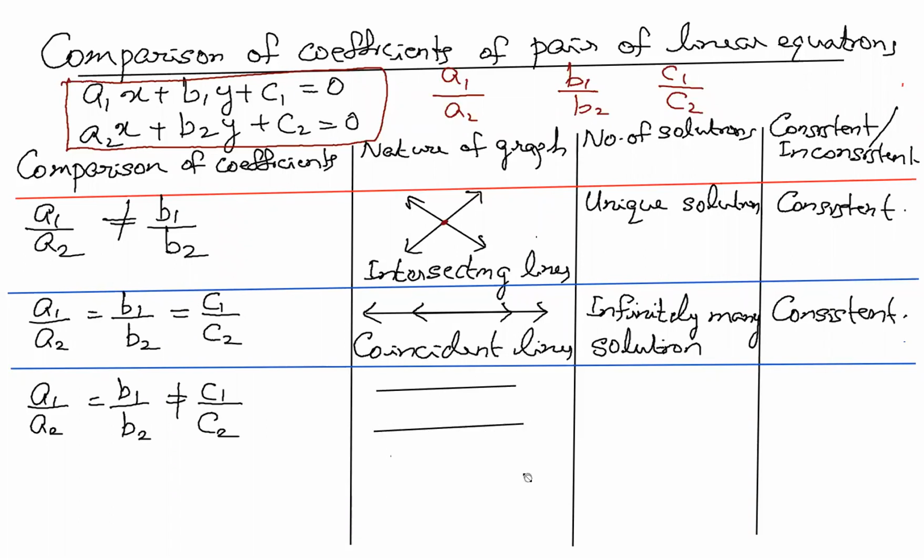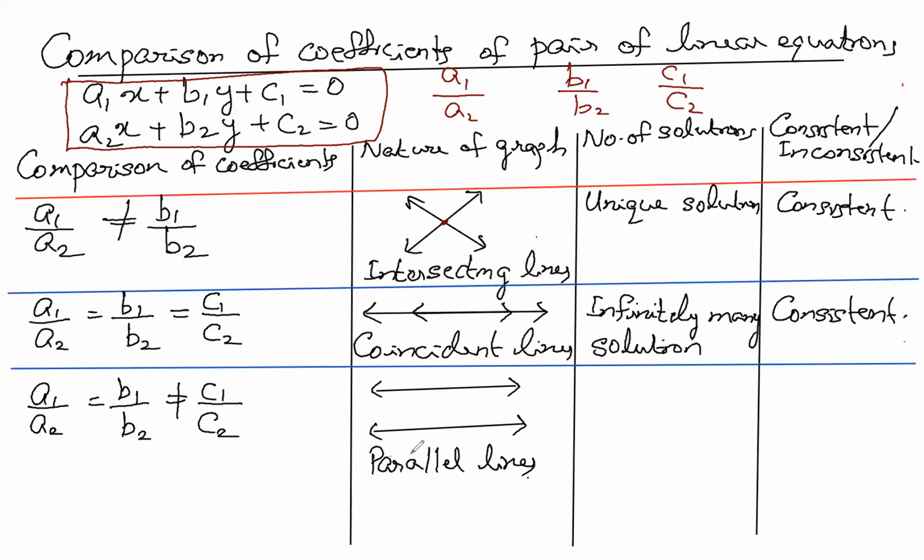Donna, can you say what is this type of lines? Parallel lines. They are parallel lines. That means they won't meet each other. If you extend them up to any length, they won't meet.